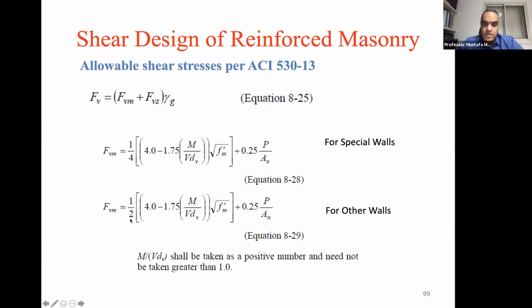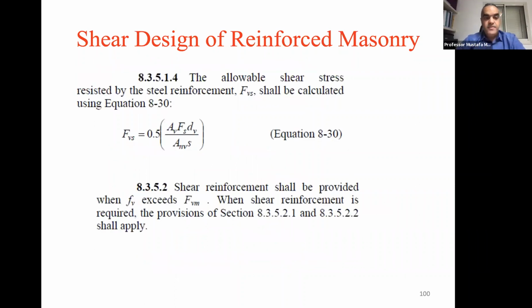We also take advantage of any axial loads that we have, because axial load will increase the capacity in shear. And F sub VS is equal to 0.5 times A sub V, F sub S, d sub v over the net shear area times the spacing between the shear reinforcement.